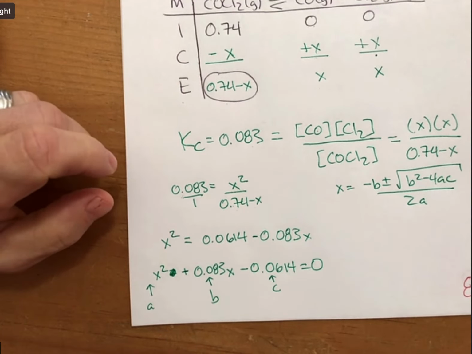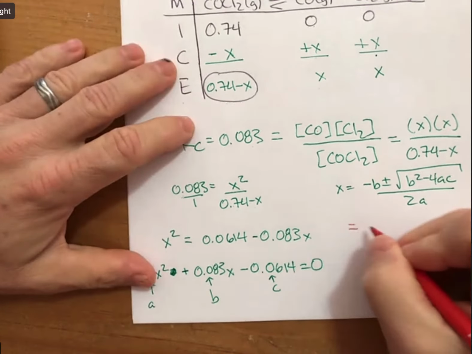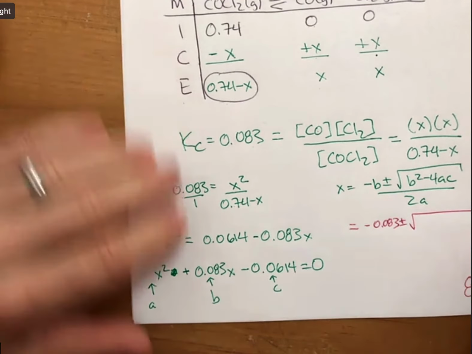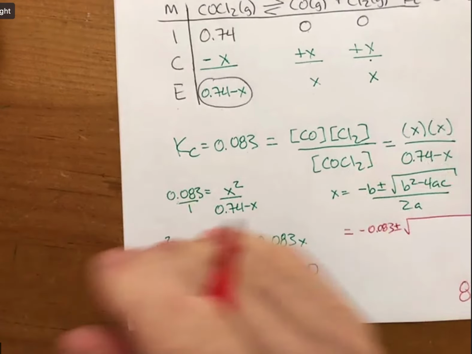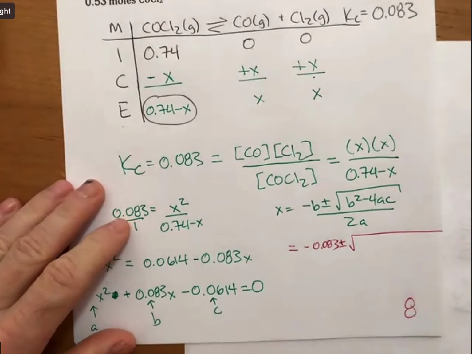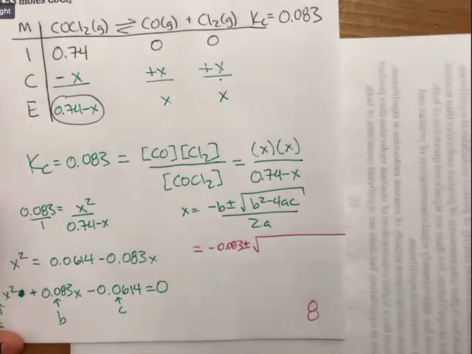So to fill this in now, it's going to be minus 0.083 plus or minus the square root of b squared, 0.083 squared, minus 4.